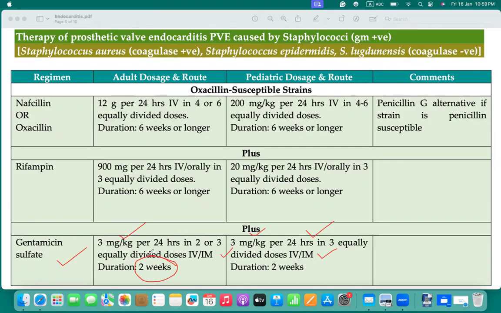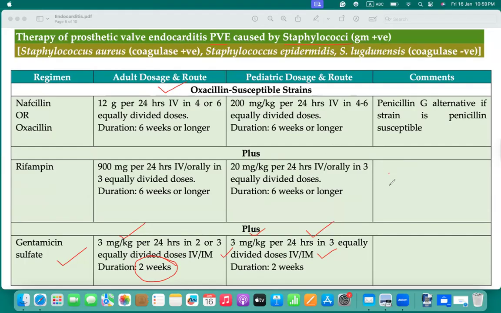We saw before the treatment of native valve endocarditis caused by Staphylococci, and we saw there is the optional addition of gentamicin sulfate, but the duration is only for some days, not the weeks. So for therapy of prosthetic valve endocarditis caused by Staphylococcus, if the bacteria is oxacillin susceptible, then we need to add 3 drugs.